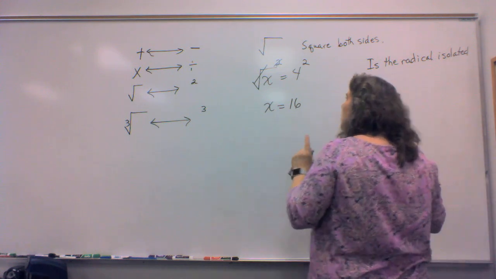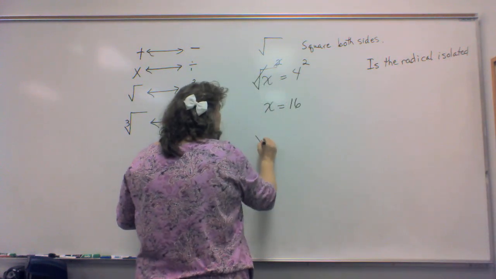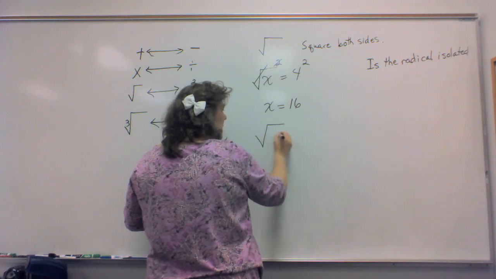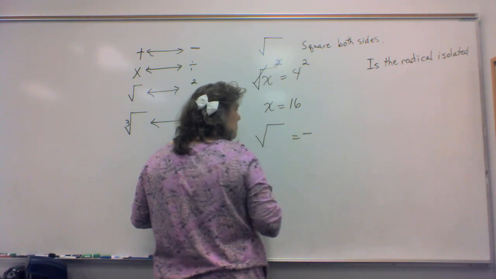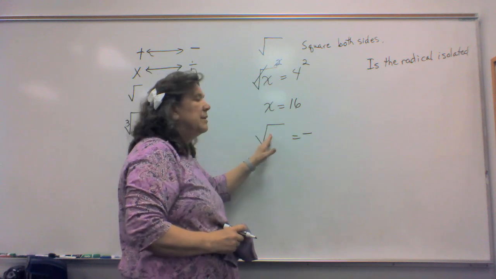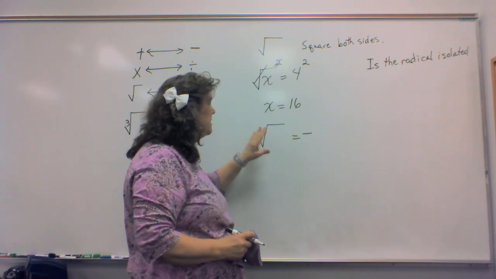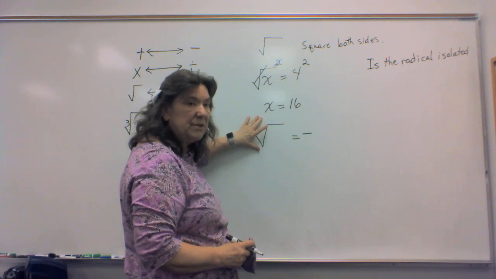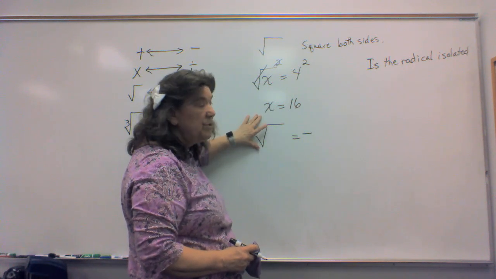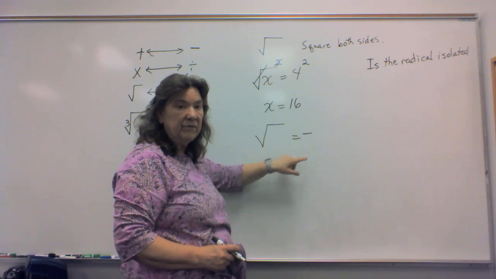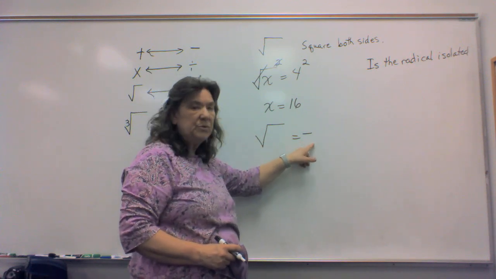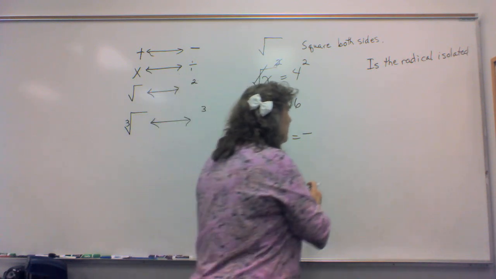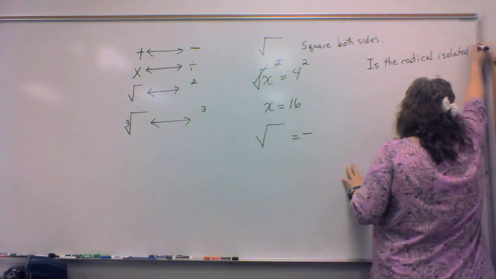And remember, when you had a radical equal to a negative number, this wasn't possible either, because unless I have a negative sign in front, the principal square root is positive. If you have a square root equal to a negative, it is not possible. So, is the radical isolated?